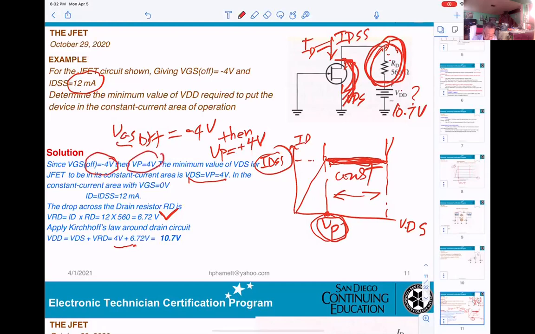So VGS off is minus 4, then VP equals 4. So from here to here is 4 volts, and the voltage drop here is 6.72 volts. You add them up, and they give you the total minimum voltage requirement for VDD.